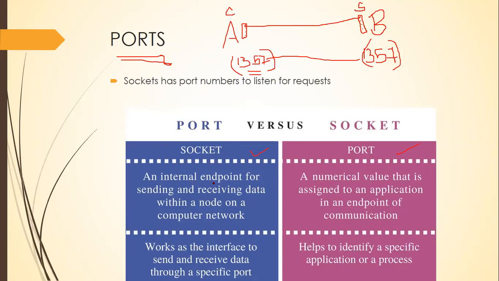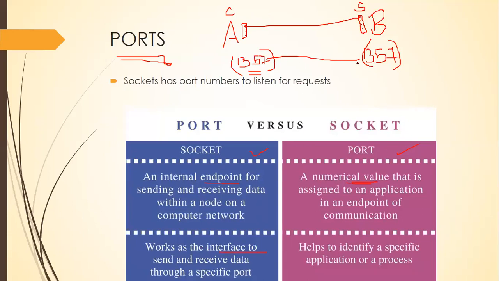As you all know, socket is an endpoint through which you can send data and receive data. Port is nothing but a numerical value assigned so that you can have communications through your socket. Socket acts as an interface to send and receive data.